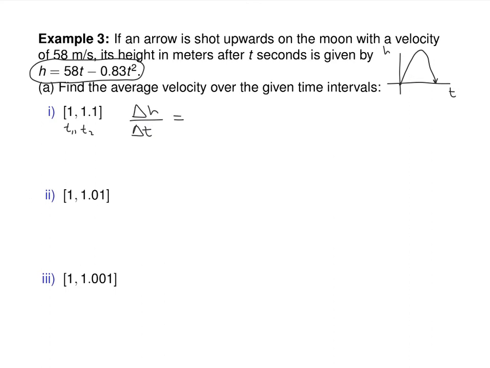So how would I find the height at 1.1 seconds? Put 1.1 in the H equation, yep. 58 times 1.1 minus 0.83 times 1.1 squared.